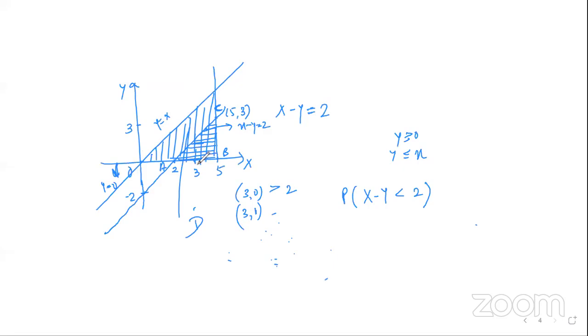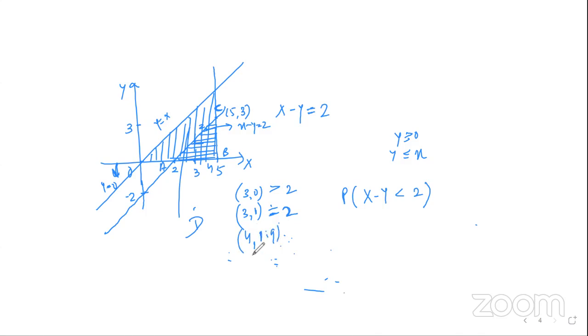So you take (3, 1), it will be on this line, right? So x minus y comes out to be equal to 2. Now let's take 4 comma 1.9.